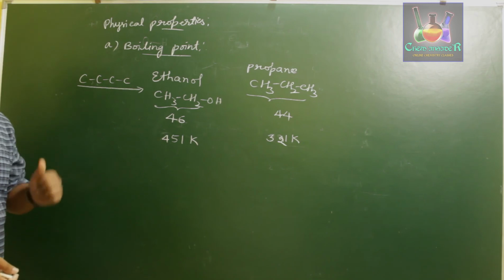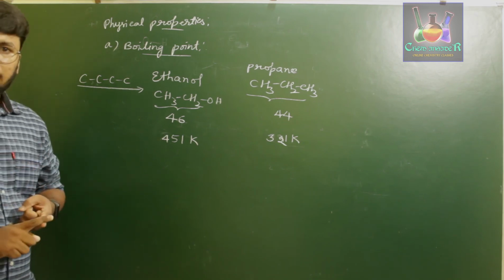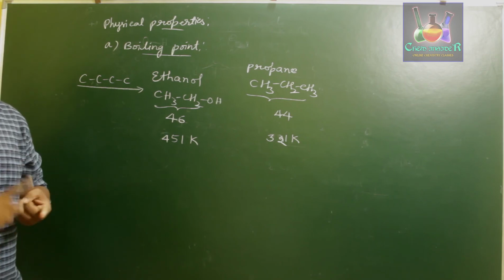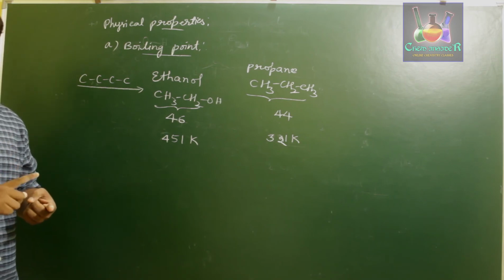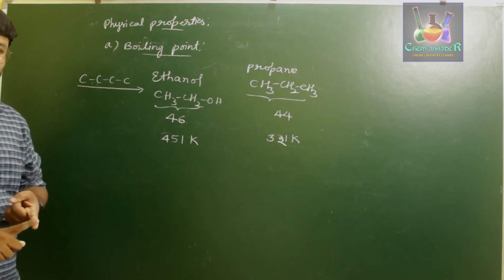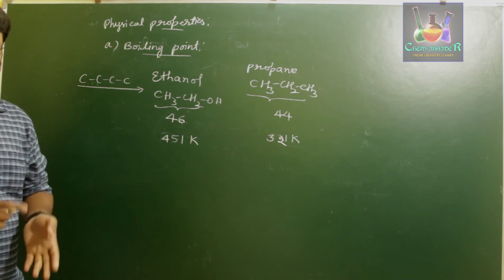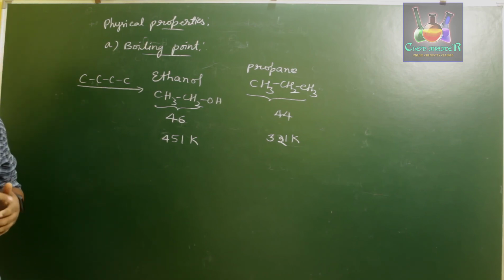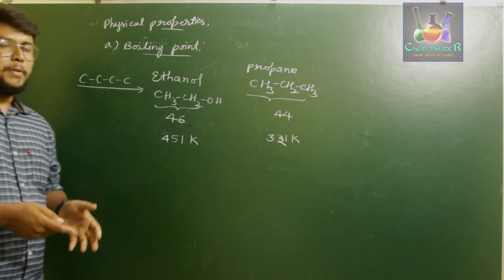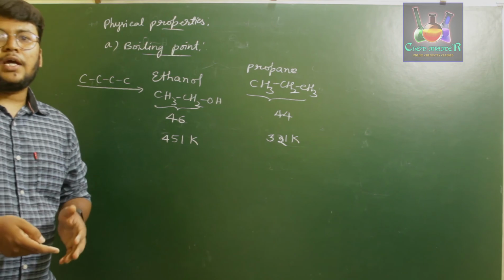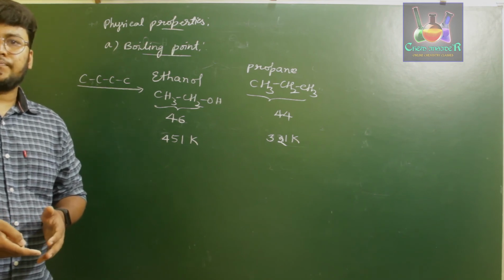So boiling point of alcohols depends upon number of carbon atoms. If carbon atoms increase, boiling point increases. But it inversely varies with respect to branching. If more branching is present in the alcohol, less will be its boiling point. Okay, so this is about the alcohols. Similarly, in case of phenols also, if the benzene ring or aryl group is attached to more substituents, that will have less and less boiling point.